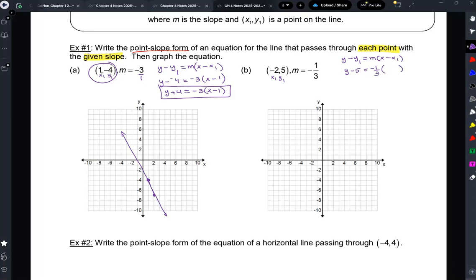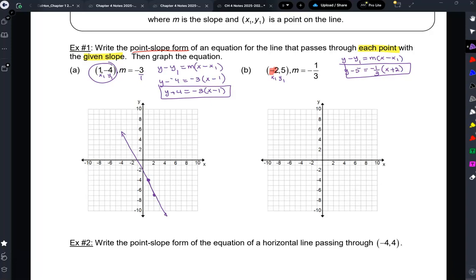What am I going to have here? You'll have (x minus x1), which is negative 2. So it's going to be x plus 2. You can do it in one step. x plus 2.